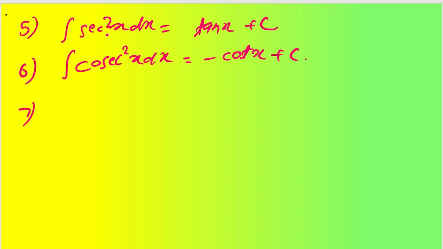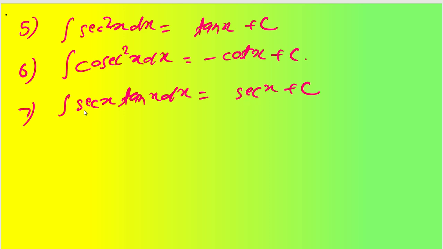Next one will be integration of sec x tan x, that will become just sec x plus c. So you can see differentiation of sec x was sec x tan x, right? So integration of sec x tan x will become sec x.